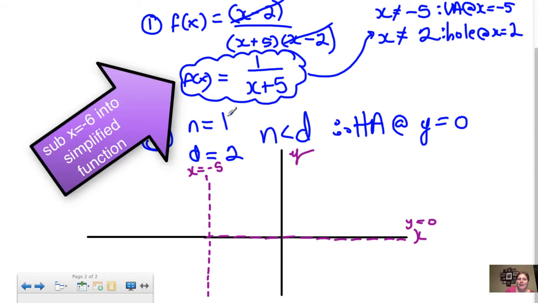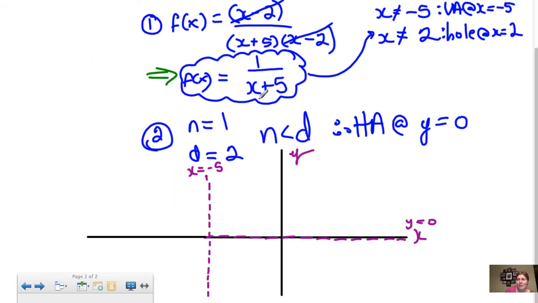So I go back into my simplified version of my function that I'm graphing, and I say, hey, what happens when x is negative 6? When x is negative 6, it's going to be 1 over negative 1, which is just negative 1. So at negative 6, I'm going to have the point at negative 1.